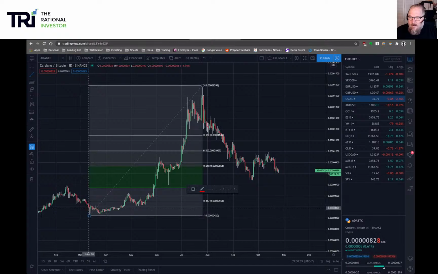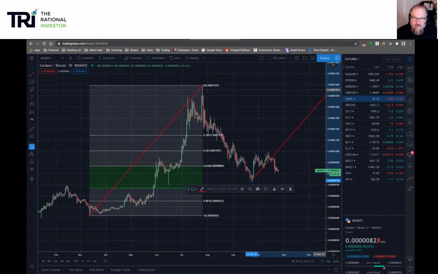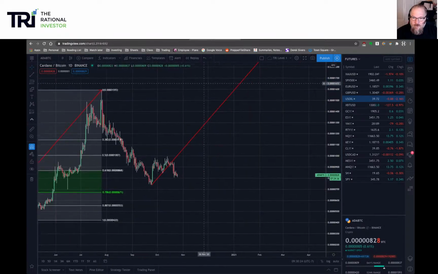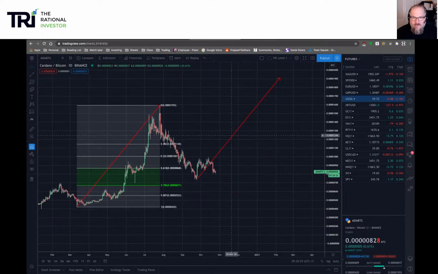Use a trend line and go from the low to the high, so you're defining the whole range. Then you can duplicate that with Control V and drag it over to your new low. So if we were looking at an ABCD pattern here, that's what we would do.